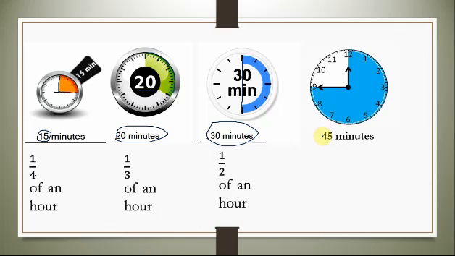So 45 minutes. This colored part represents what? It's representing 3/4 of an hour. So a quarter of an hour equals 15 minutes, a third of an hour equals 20 minutes, half of an hour equals 30 minutes, and 3/4 of an hour equals 45 minutes.